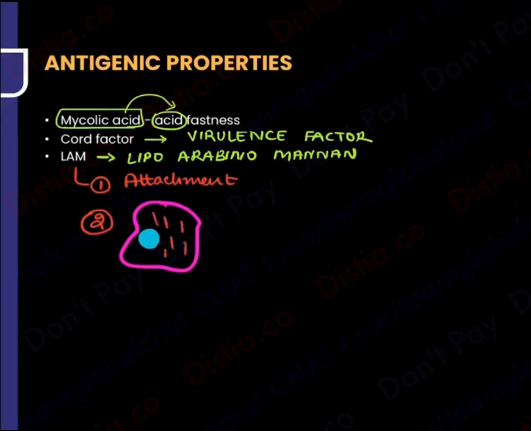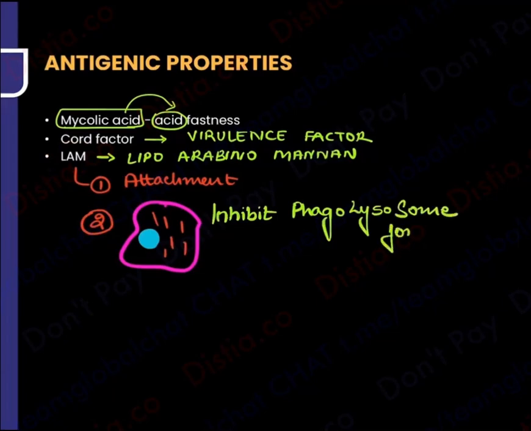So if macrophage has eaten it up, phagocytosis should happen, MTB should be killed. This means I'm having MTB, this means macrophage is not able to do phagocytosis. Why? Because lipoarabinomannan is going to inhibit the phagolysosome formation. There is a problem in phagocytosis that it causes. So remember, it inhibits the phagolysosome formation. The patient doesn't have the ability to kill that MTB.